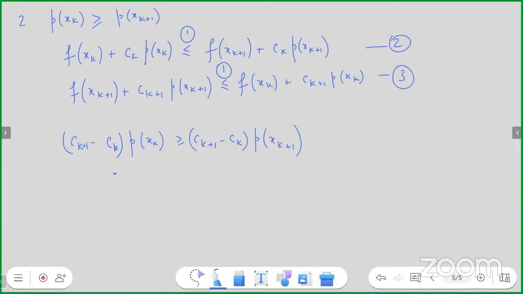So now tell me the relationship between f of x k and f of x k plus 1. We're doing this incrementally. We looked at q, next we looked at p, now we're looking at f. Now what should happen?